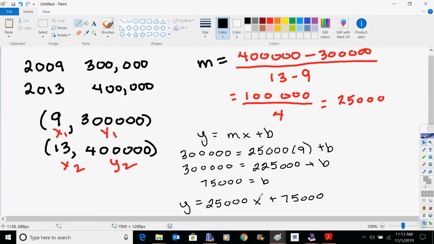So really what this means is that in year 0, which was really 2000, can you understand how that would be? 0 would be 2000, if 2009 is 9 and 2013 is 13. So in year 0, if we plug this in, there were 75,000 young lacrosse players, and then it was growing and growing from then.